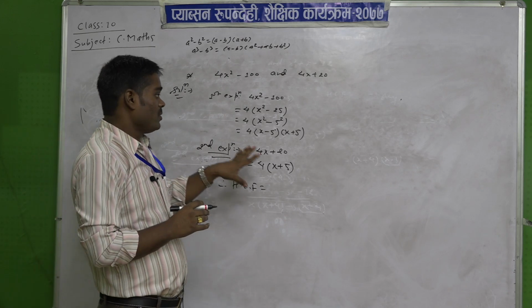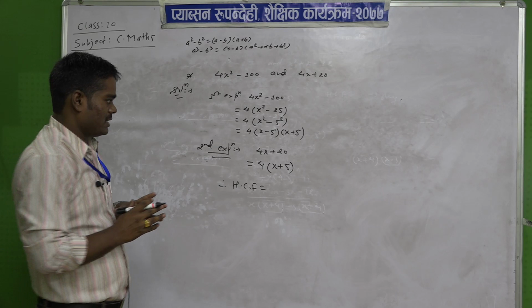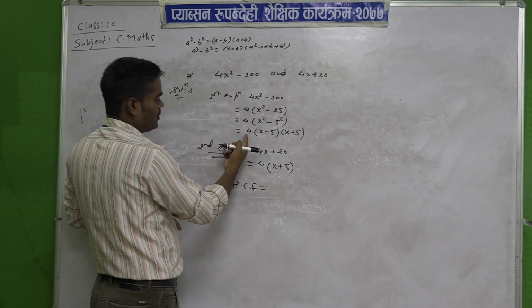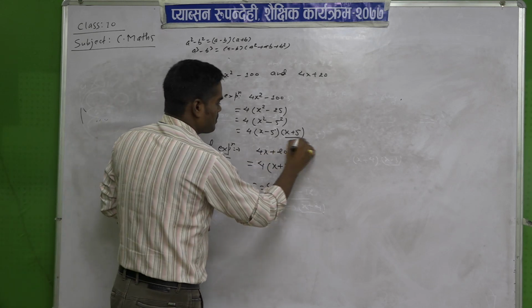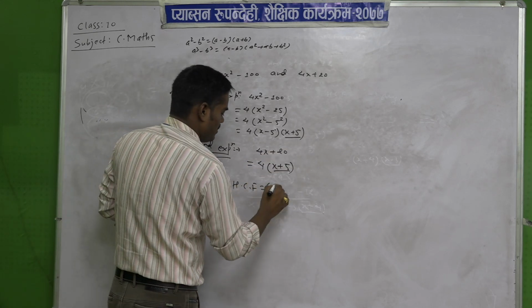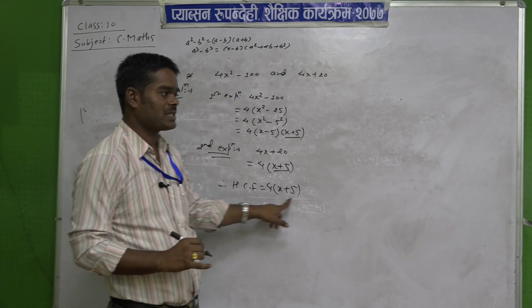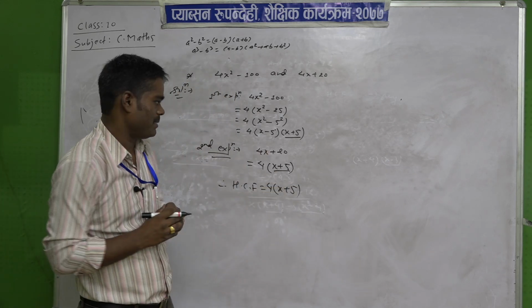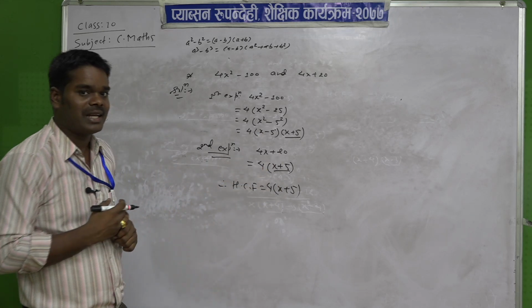And then see, in both expressions, what are the common factors? Here is 4, here is also 4. So, 4 is common, x plus 5 is common. So, 4 into x plus 5 is the SCF. Here x minus 5 is given, but in the second expression it is not there.